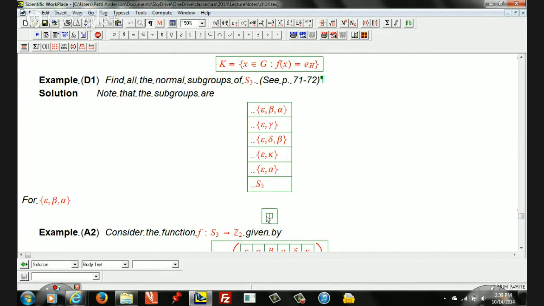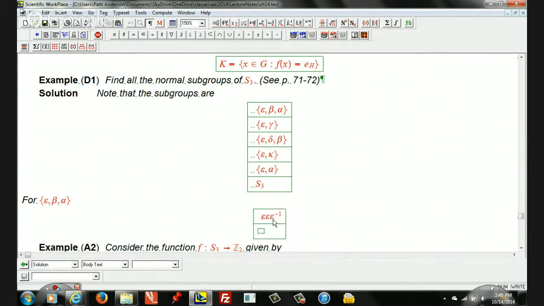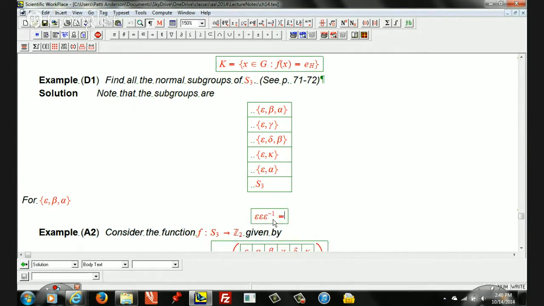If we start with epsilon as X, we'd have epsilon, then our first element, then epsilon inverse. Epsilon inverse is just the same thing as epsilon, so epsilon working on epsilon just gives you epsilon, and then epsilon inverse is just epsilon, and that gives you epsilon, which is your identity. So the first one just gives you the identity.